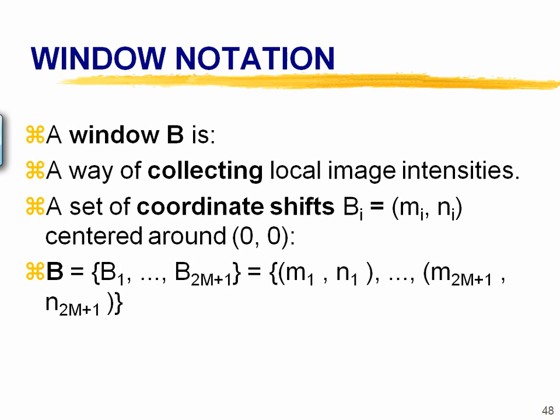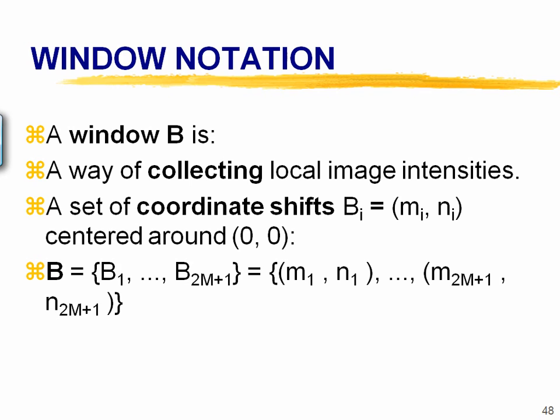So we'll define this window B sub i as being equal to a collection of coordinate values defined by m sub i, n sub i. All of these are going to be centered around 0, 0. So in constructing any window, you will always define the center pixel to be 0, 0. Every other position in the window is a coordinate shift from 0, 0. For example, this would be -1, -1. This would be 1, 1.